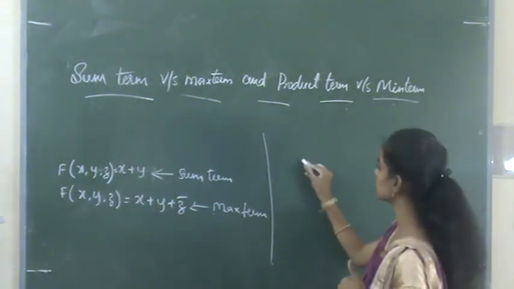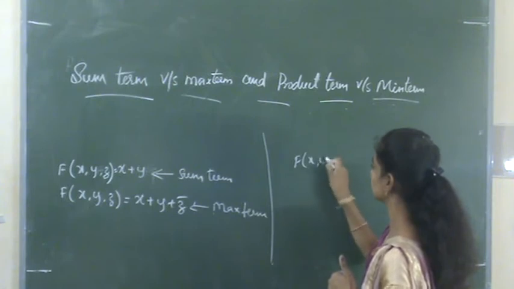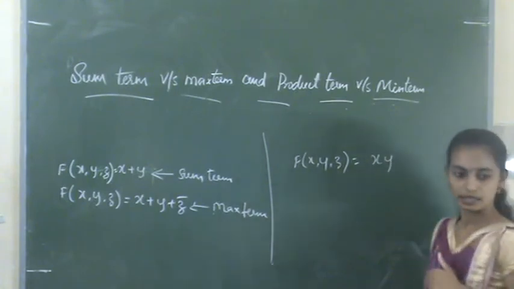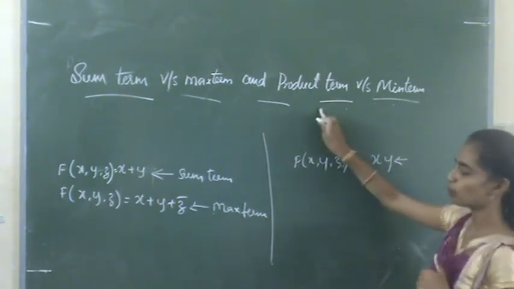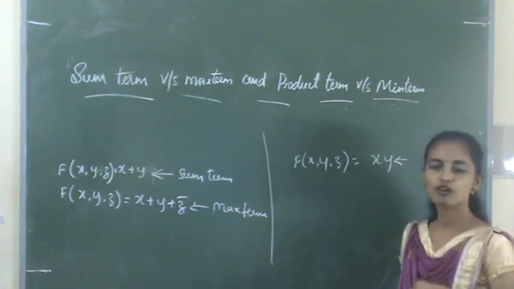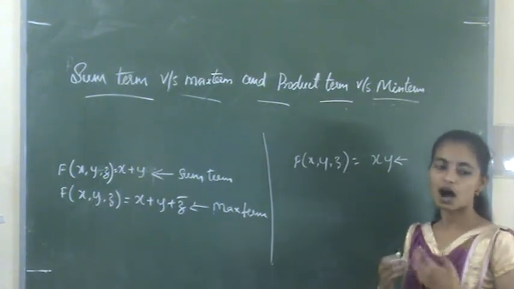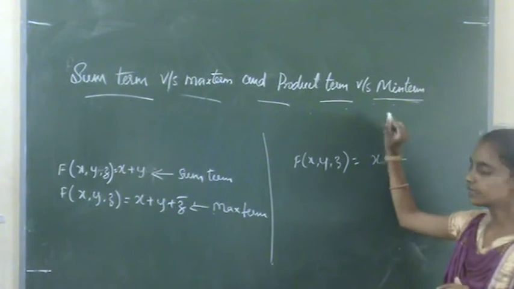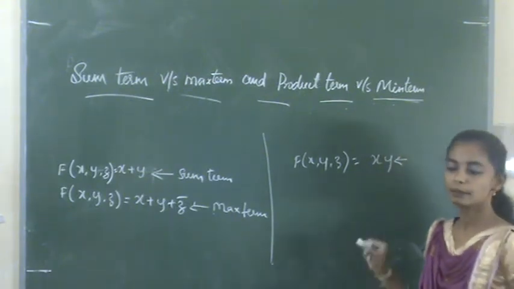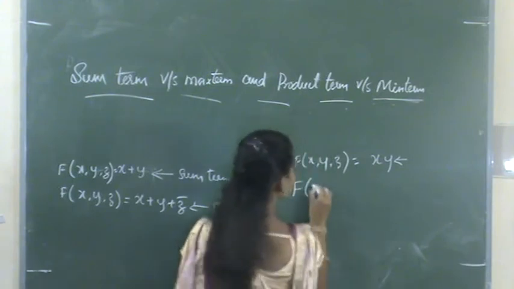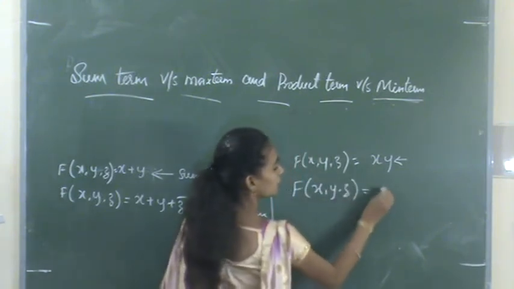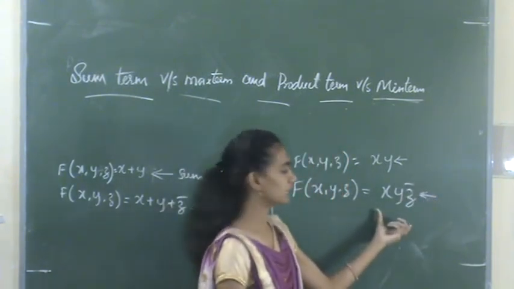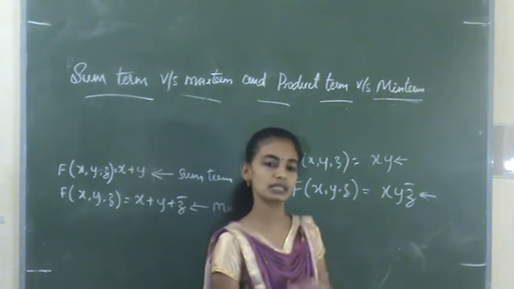A product term, if you are taking three variables, we call x and y a product term. It is a product of variables, but it doesn't have all the variables. But a min term is also a product of variables, where all the variables are present, each as a single variable or its complement.